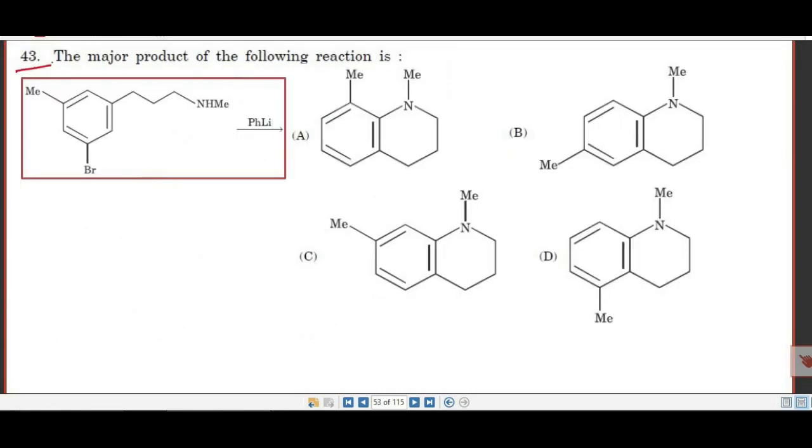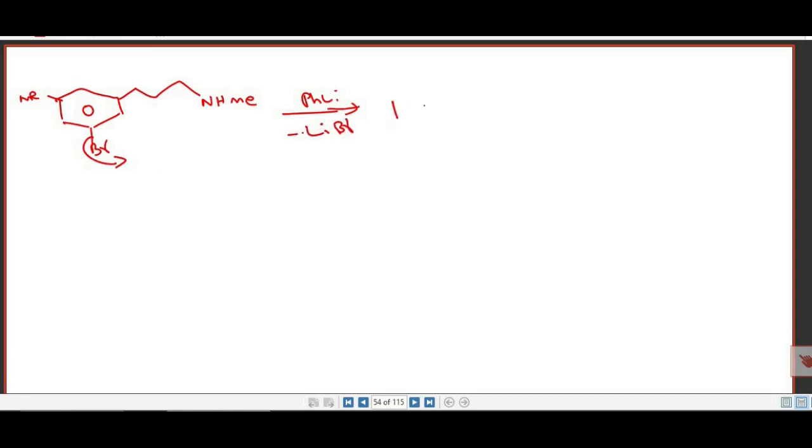Question number 43. The major product formed in the reaction is... Let us take the reactant: Br, NHMe. Now PhLi, phenyl lithium. This bromine will be cleaved, minus LiBr, giving a radical here. NHMe. This I am treating with H plus. The hydrogen adds here.